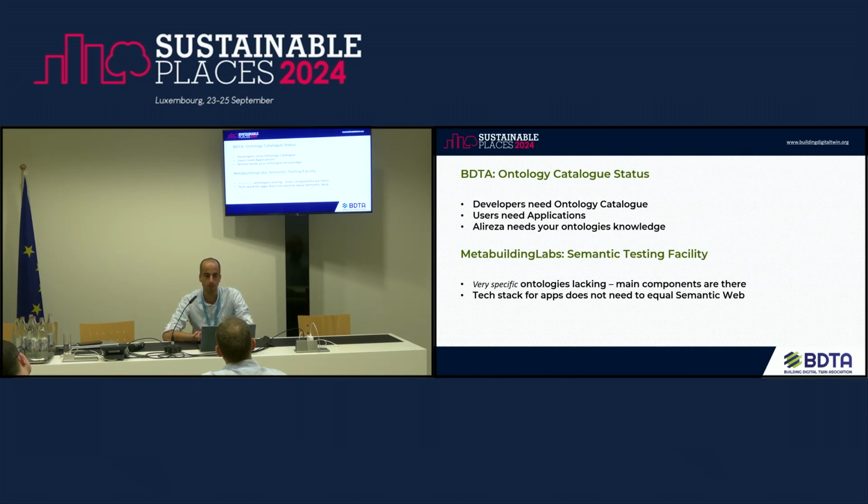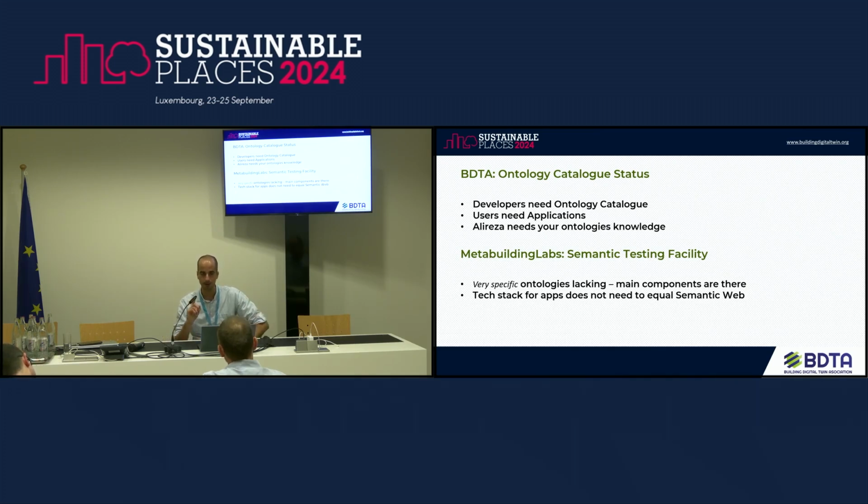Different to projects aimed at specific cases or implementing specific ontologies, Alireza presented us the status of the BDTA building ontology catalog, where developers need a catalog to find ontologies within the domain or the use cases of building digital twins. But there are some signals or ideas that maybe users need a similar catalog for applications, or maybe for ontologies also listing the applications that implement them, because the end users are the ones using your software and not your ontologies.